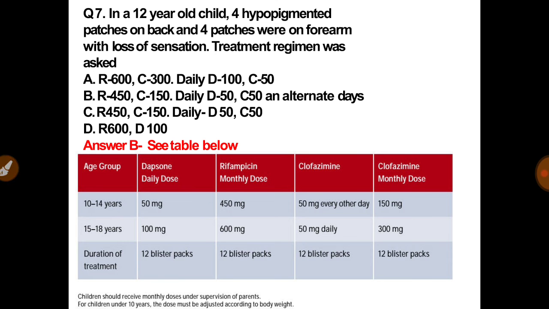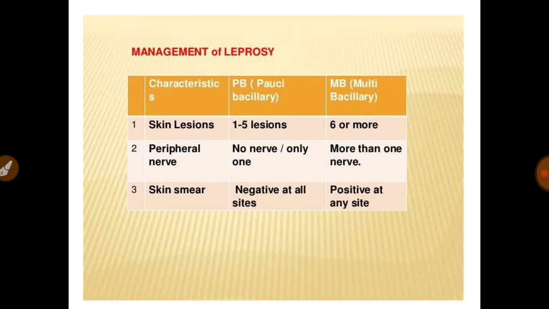In a 12-year-old child, 4 hypopigmented patches on the back and 4 on the forearm with loss of sensation. The treatment regimen would be? Now, to answer this, you should know whether it is a case of paucibacillary or multibacillary. Paucibacillary: 1 to 5 lesions, no nerve or only one nerve, and negative at all sites for skin smear.